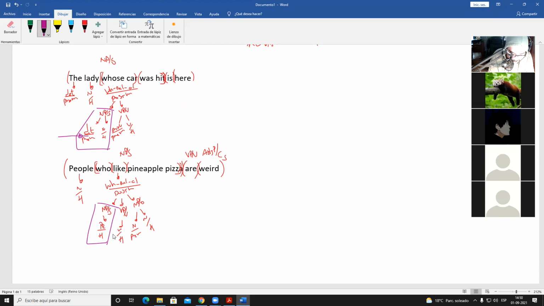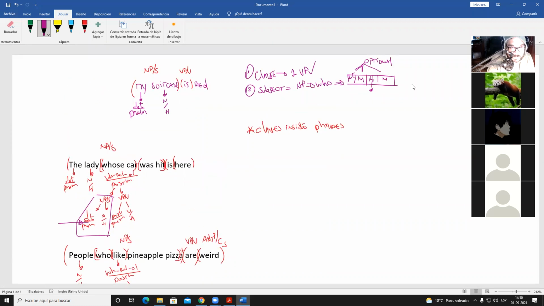Now, what's the difference? On the one hand, what we have in the very first example is a noun phrase. How do I know that? Because there's a noun, car, being preceded by the determiner, the WH relative determiner whose. Why is it so? Because I already explained it: inside of a noun phrase, you have space for a head, a modifier in front, a pre-modifier, and then a determiner at the very beginning.